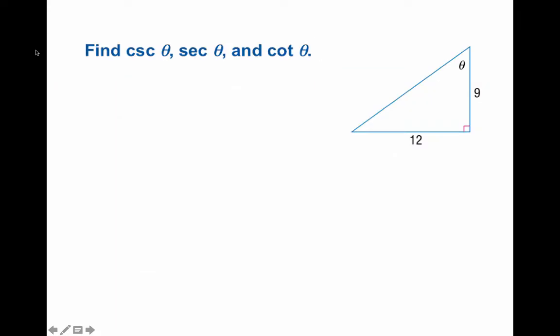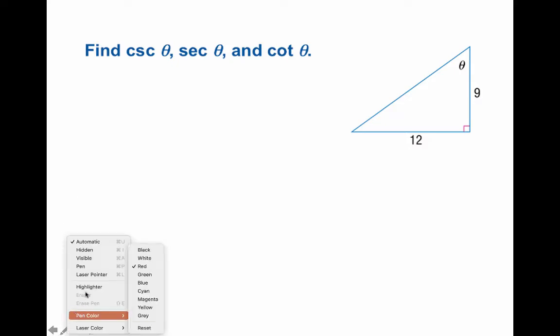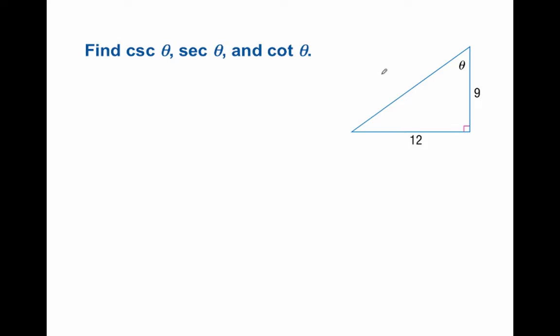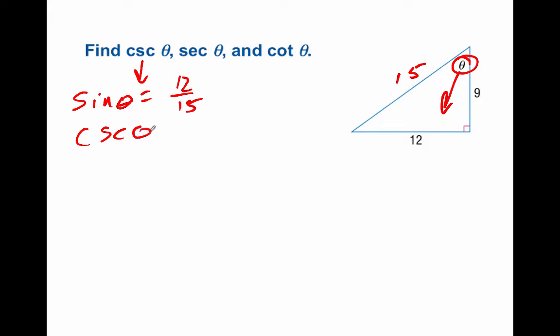Little review, cosecant, secant, and cotangent. Let's talk about these. Pythagorean theorem says this is 15. I would never do the cosecant. I would do the sine, and I know the sine is 12 over 15, which means the cosecant is flipped over, 15 over 12.